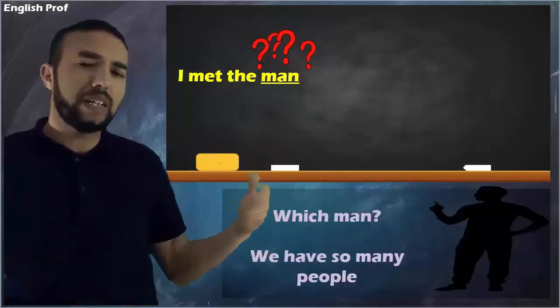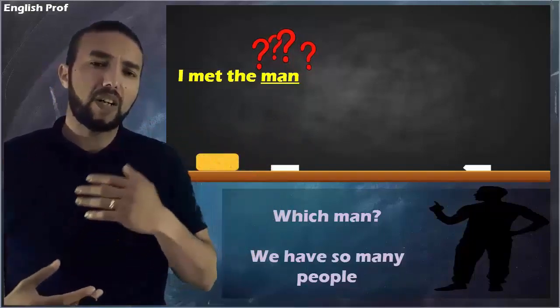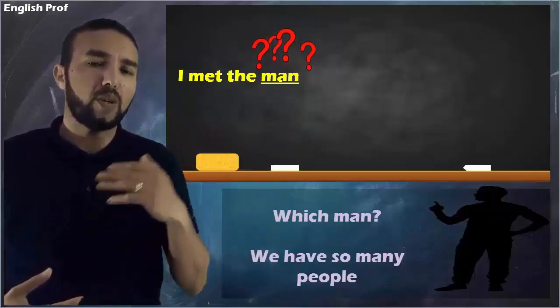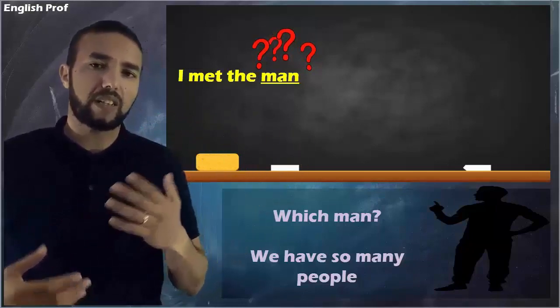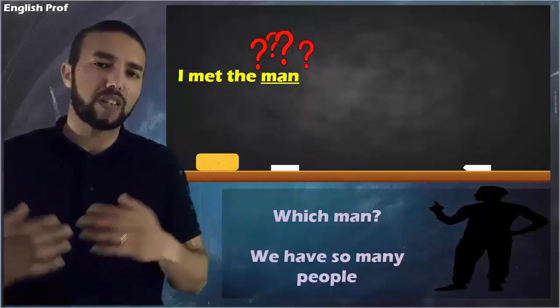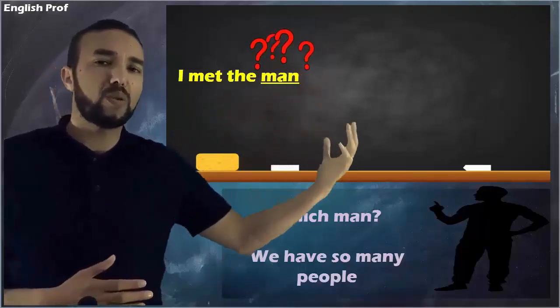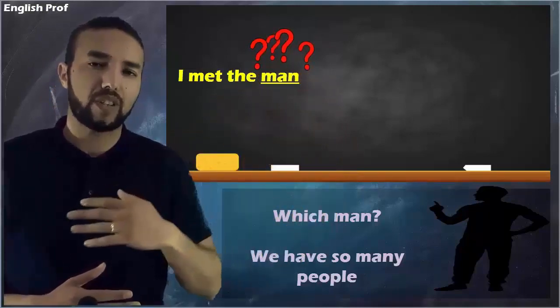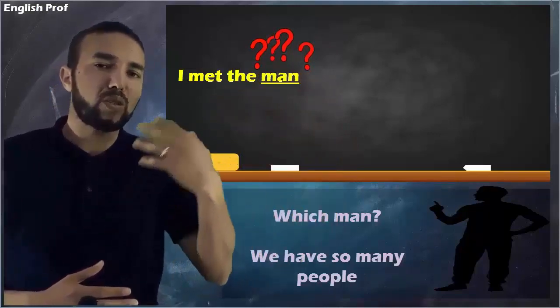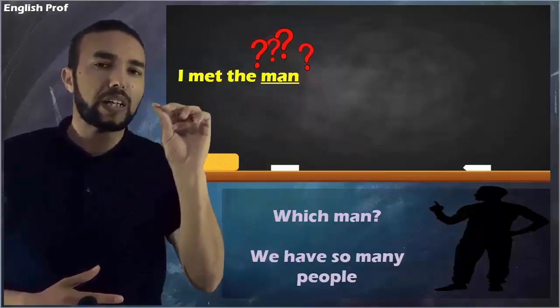When you say I met the man, who is this man? Which man is meant? Is it your friend? Is it your neighbor? Is it your teacher? It's not clear from the context. You need to give us more information about the man. You need to modify it, to specify or to categorize.